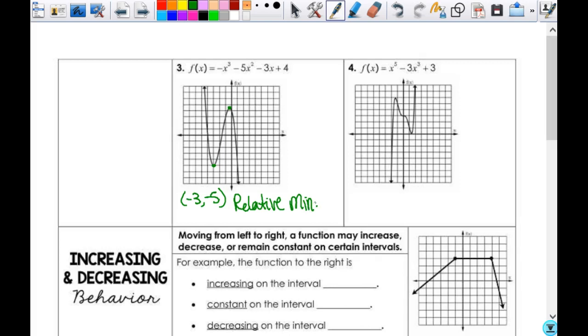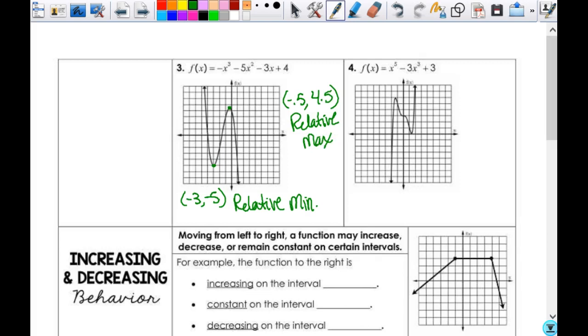This point, let's say it's -0.5 and then 4.5. And what's this going to be? A relative max. Okay, she's going to have to watch the video and catch up later, so you need to keep up with us. Okay. All right.